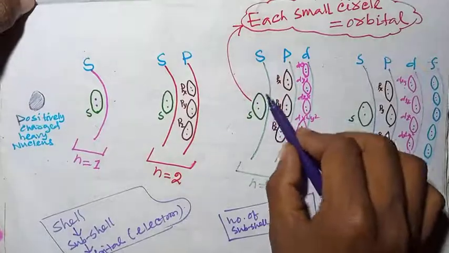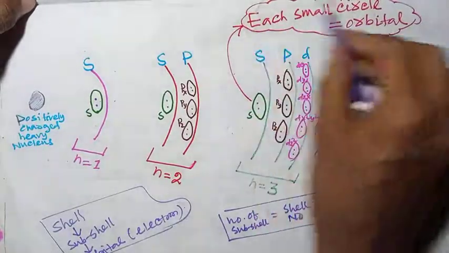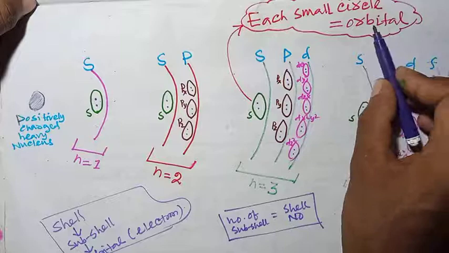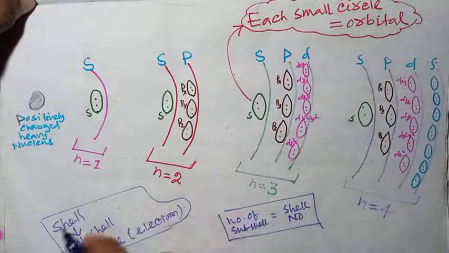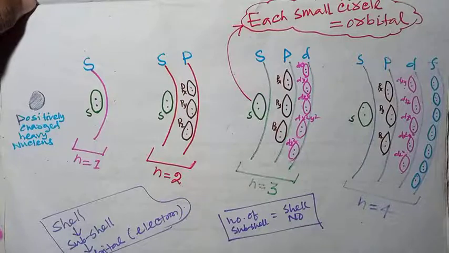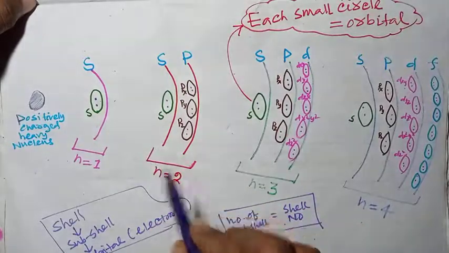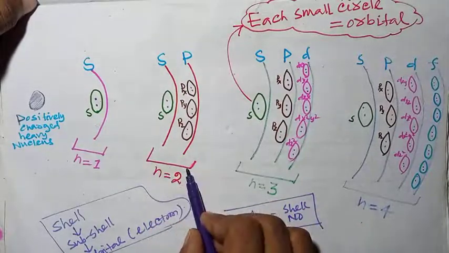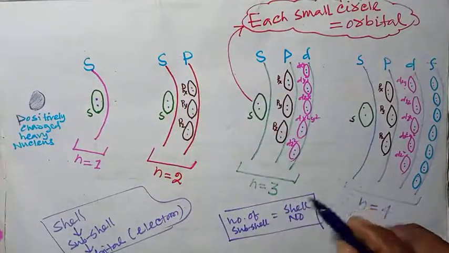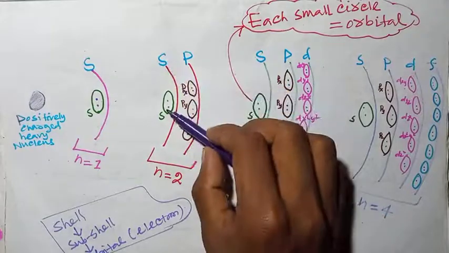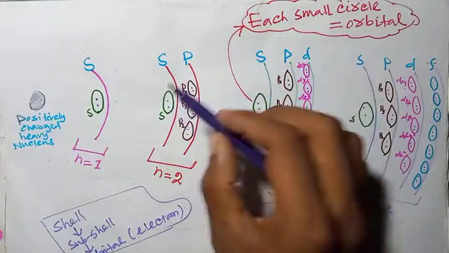These small circles are basically orbitals, and each orbital contains a maximum of 2 electrons. Let's say we want to find the total number of electrons in shell number 2. Shell number 2 is composed of two subshells, S subshell and P subshell. S subshell has only one orbital, that is S orbital, which contains 2 electrons.